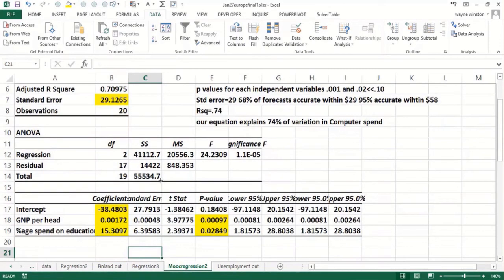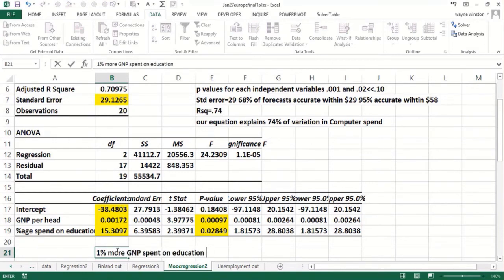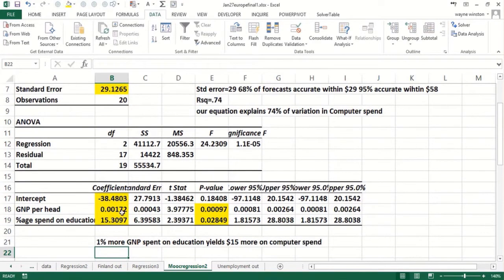So how do you interpret these coefficients? After adjusting for GNP, 1% more GNP spent on education yields $15 more in computer sales. And if I multiply the GNP coefficient by 1,000, it will tell you a bit more: a $1,000 increase in GNP.